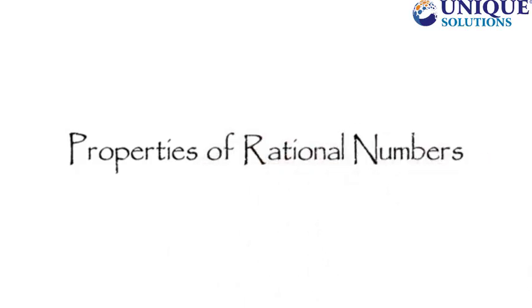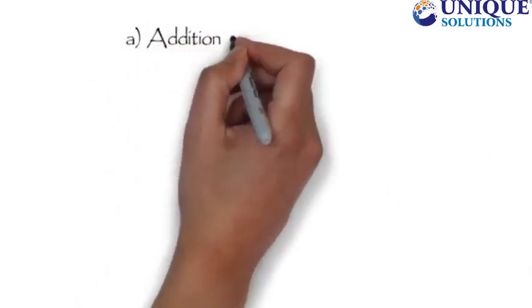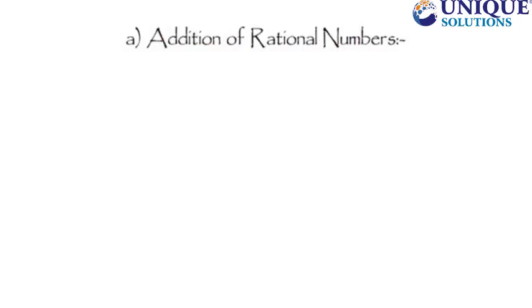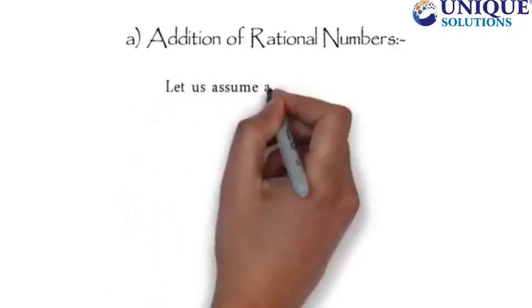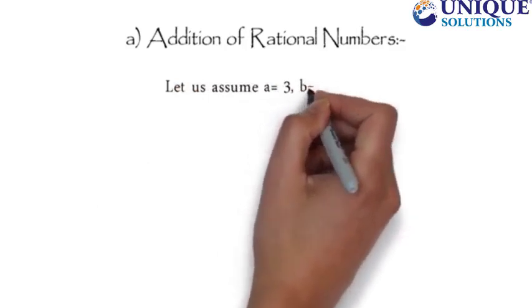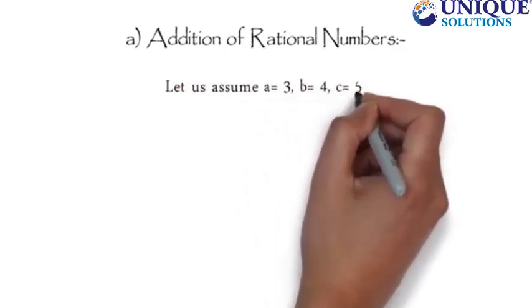Properties of rational numbers. A. Properties of addition of rational numbers. If a, b and c are any rational numbers, then let us assume that a is equal to 3, b is equal to 4 and c is equal to 5.